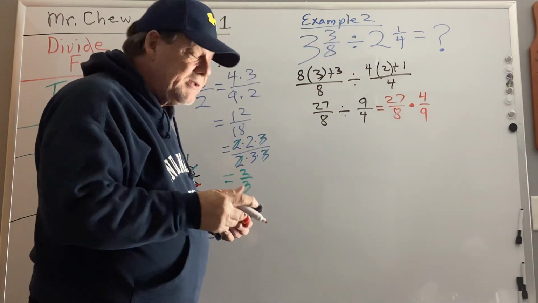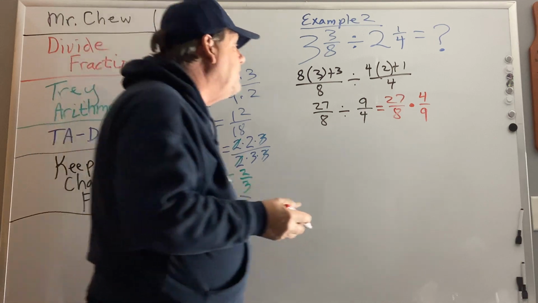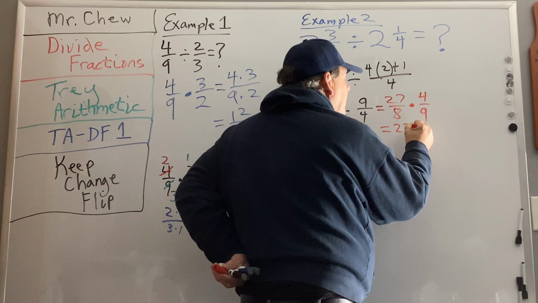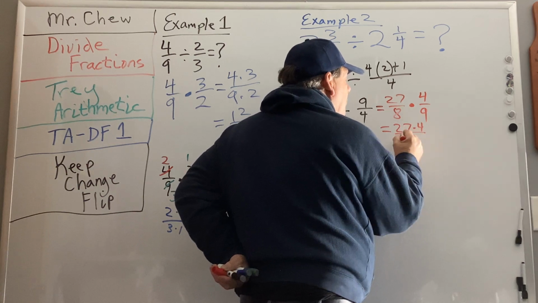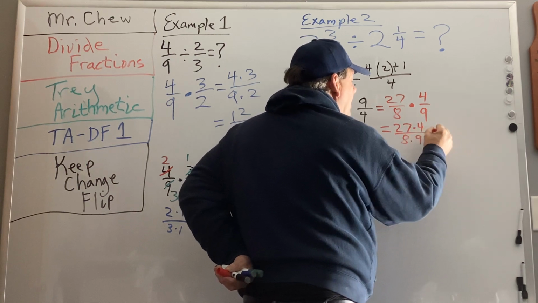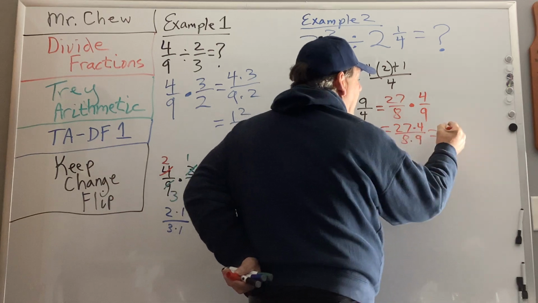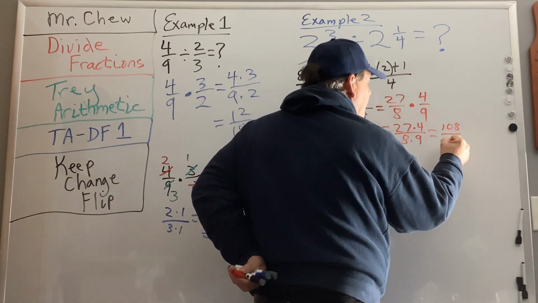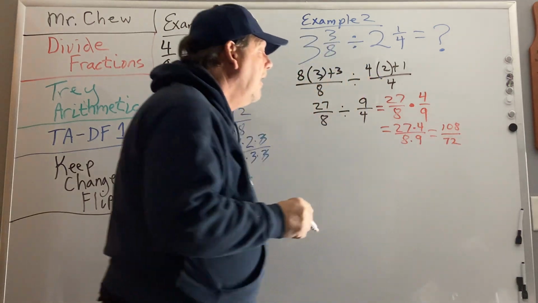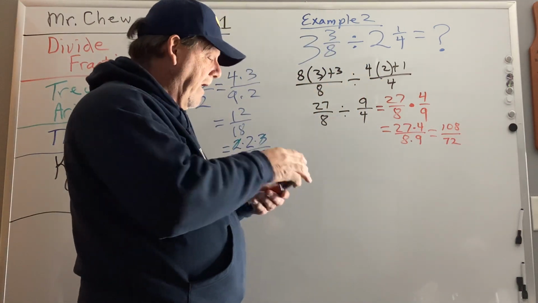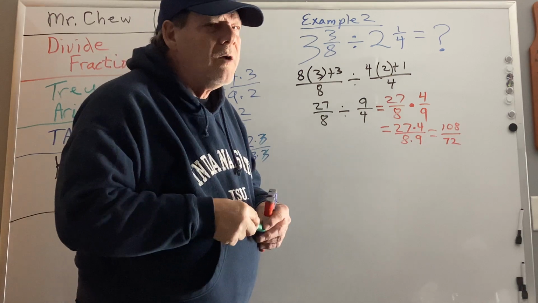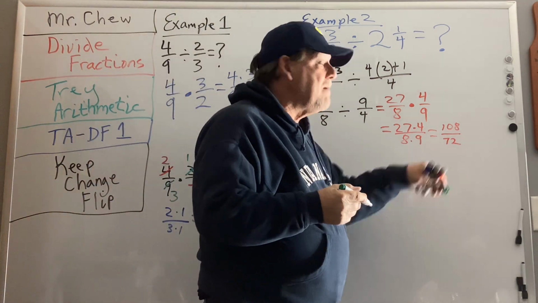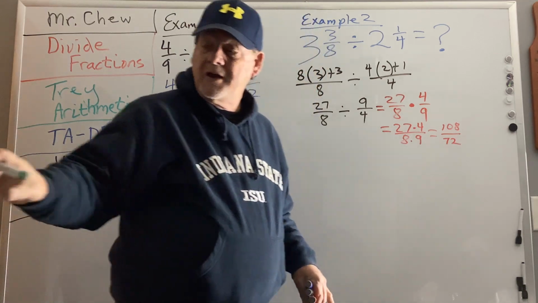Now, it doesn't matter to me which way you do this. You could do 27 times 4 over 8 times 9. That ends up being 108 over 72. But that's not the easiest way to do it, because I'm not quite sure what 108 over 72 is. But I know that I have to convert that back to a mixed number.